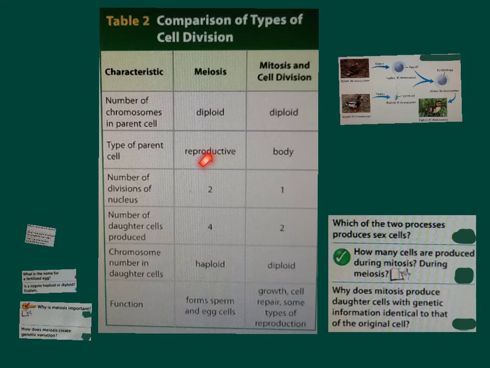So a reproductive cell has half, or haploid, cells. Its function in meiosis is to form sperm and eggs. Mitosis is growth, repair, and reproduction of some types. Remember those we talked about? This is new.